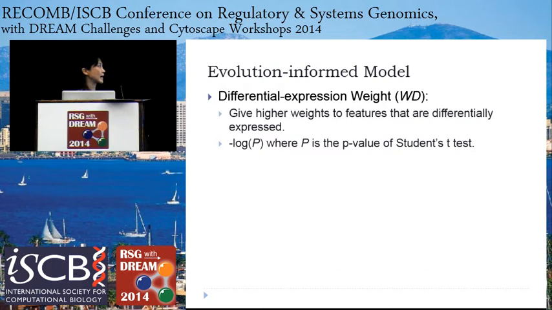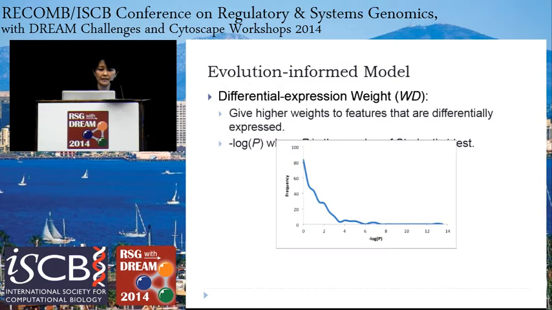The other weight I use is a measurement of how significantly they are differentially expressed between the two classes. And I used a negative log p-value from the Student's t-test. The distribution of this negative log p-value is as expected.